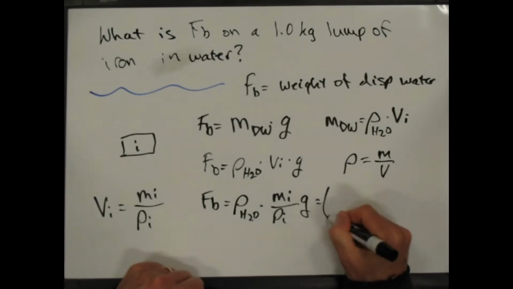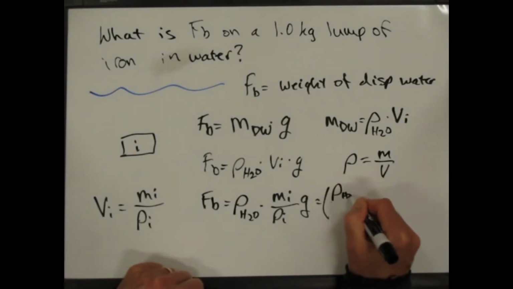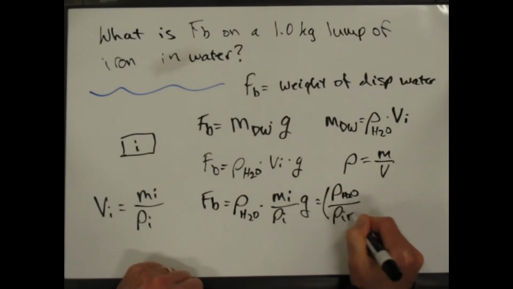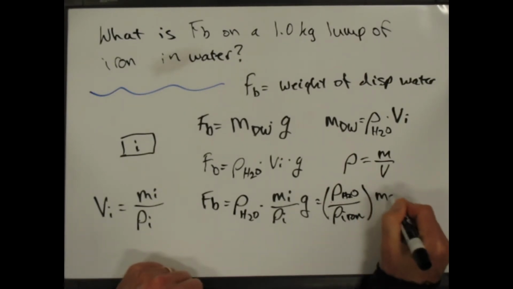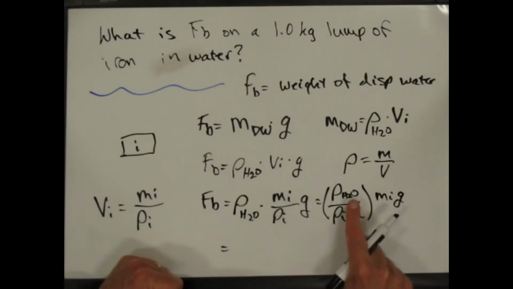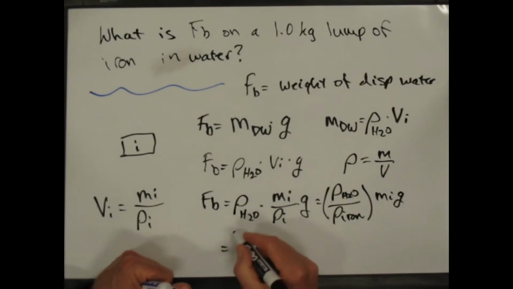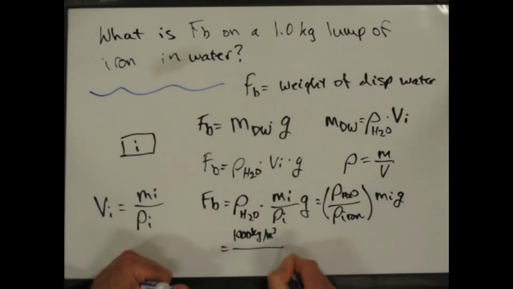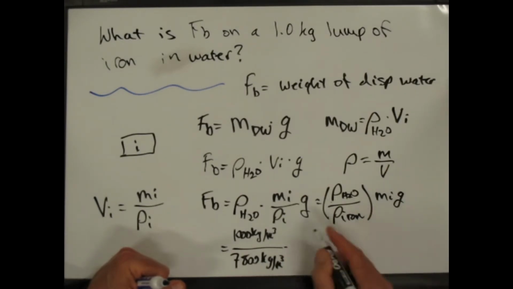And so we can write that this way: the density of water divided by the density of iron times the mass of the iron times gravity, right? The density of water is 1,000 kilograms per cubic meter, and this is roughly 7,800 kilograms per cubic meter, times the mass of the iron, which is 1 kilogram, times gravity, call it 10 meters per second squared.